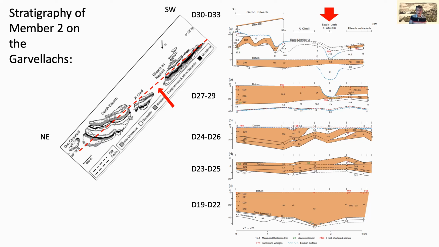It should also be pointed out that at the very top, there's deep incision below the base of member 3. This is 30 to 40 meters deep incision across the islands, infilled by thick white marine sandstones, which will be discussed in the marine talk.